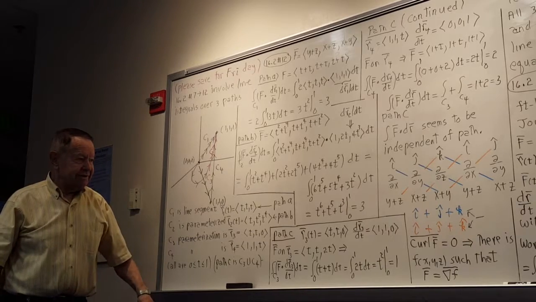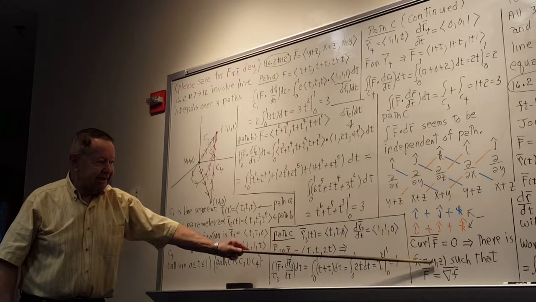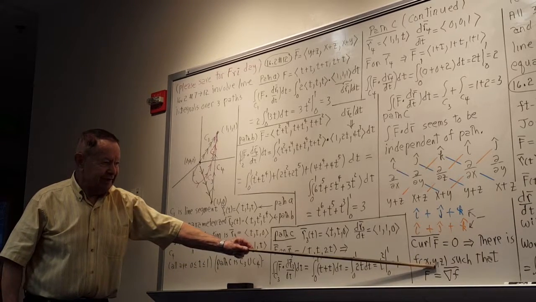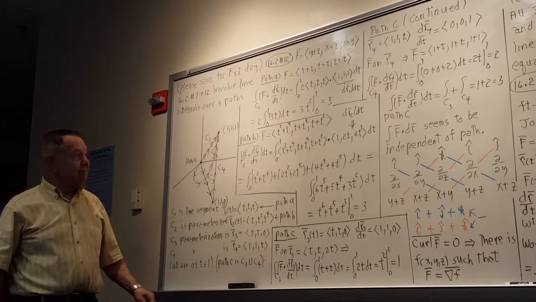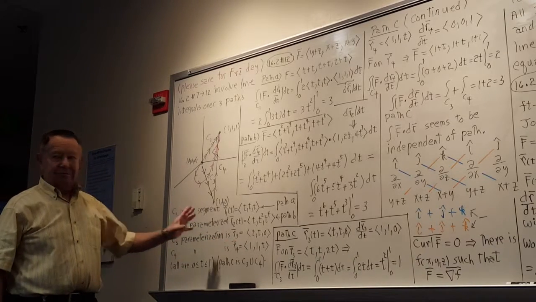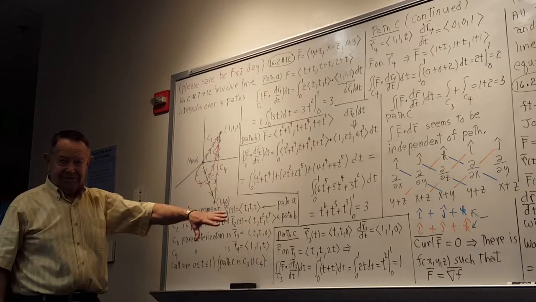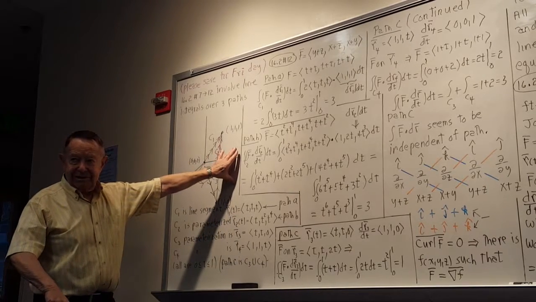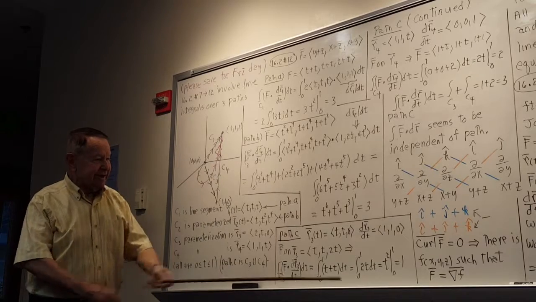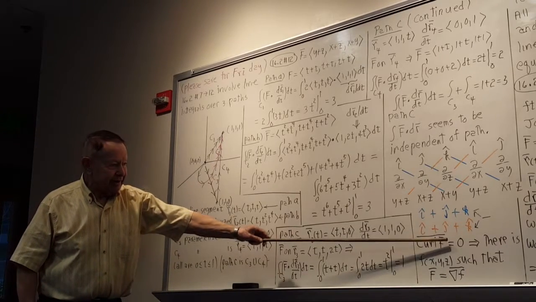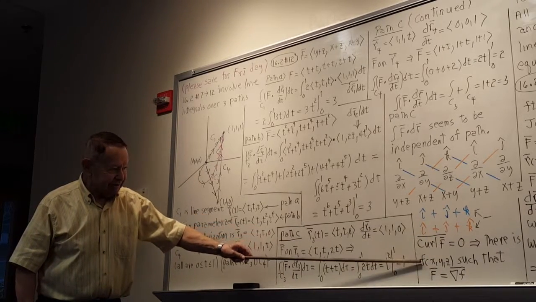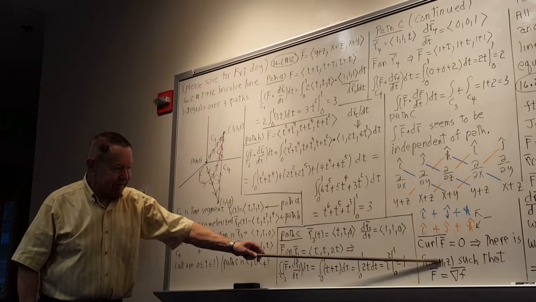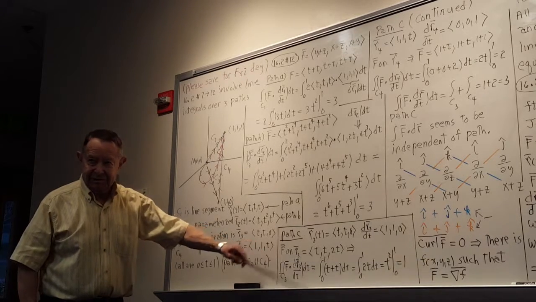So curl is 0, so there is a potential then, which we haven't found. The problem doesn't ask us to do that, because this problem is in 16.2, and this idea of when the curl is 0, there is this scalar function we call the potential.